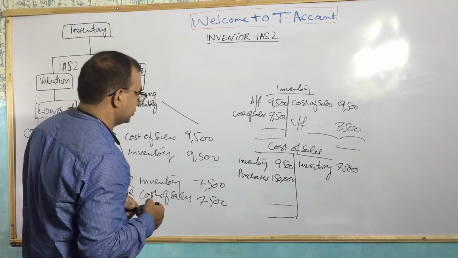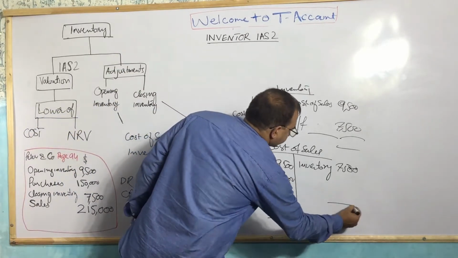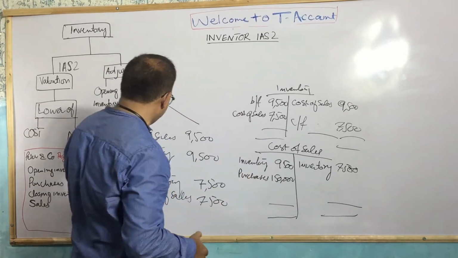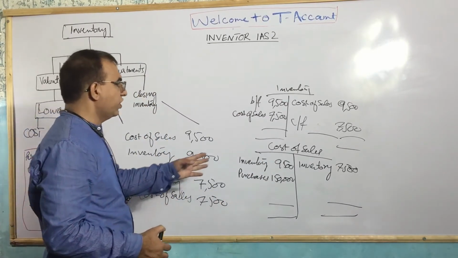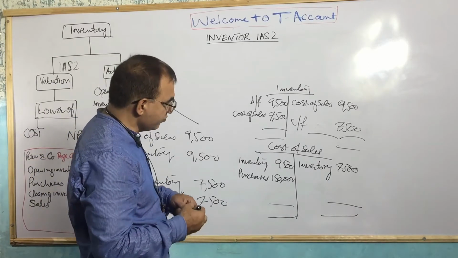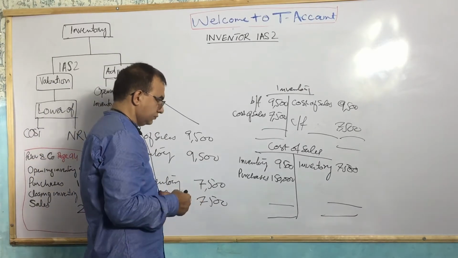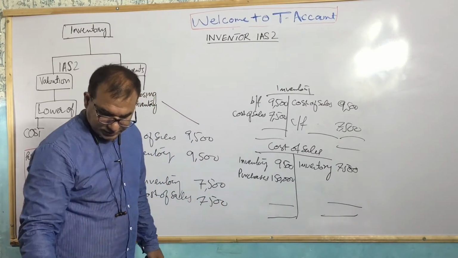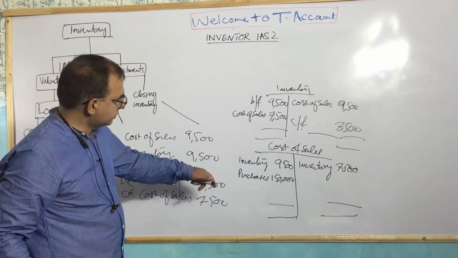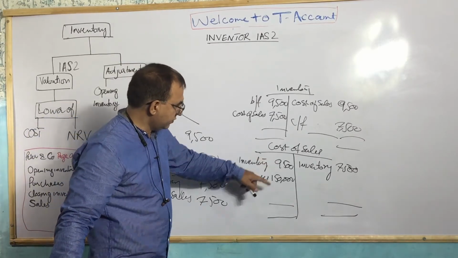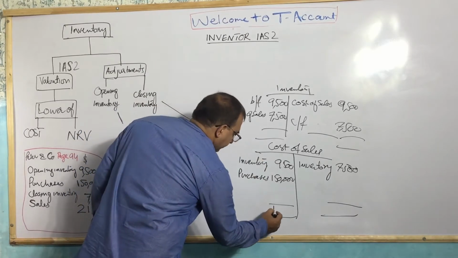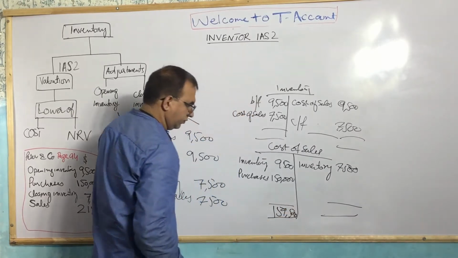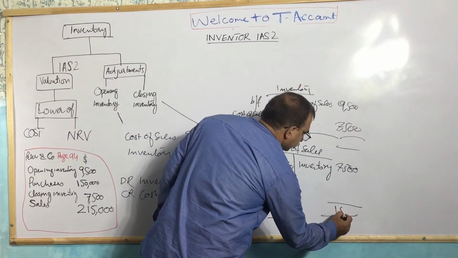Now, what is the cost of sales? By crediting this cost of sales account through this entry, we have reduced the cost of sales, removed it from the cost of sales. How much is it? If we add 150,000 and 9,500, it is 159,500.